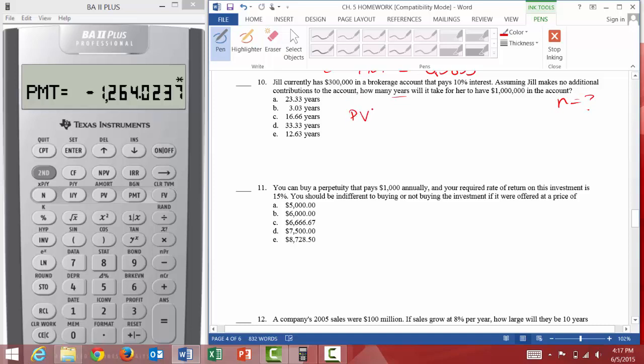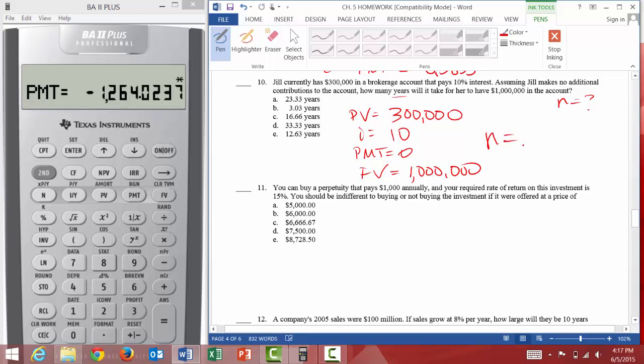Right now she has a present value of $300,000 in her account. And she's lucky because she's earning 10% interest. She makes no other contributions, so the payment is 0. And the future value, she wants it to be $1 million.